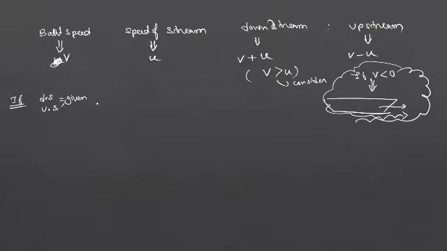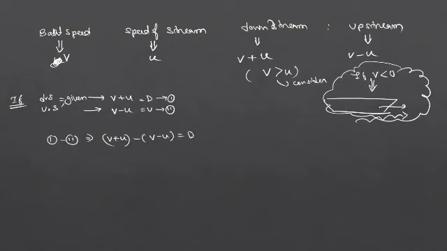Downstream speed means v plus u. Upstream speed means v minus u. From equation 1 and equation 2, we subtract equation 2 from equation 1. Then what comes? v plus u minus v minus u equal to d minus u.